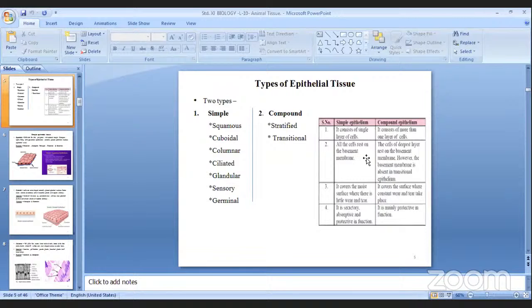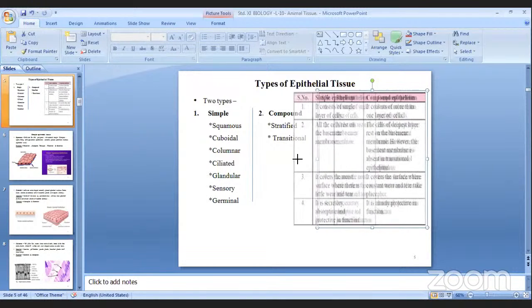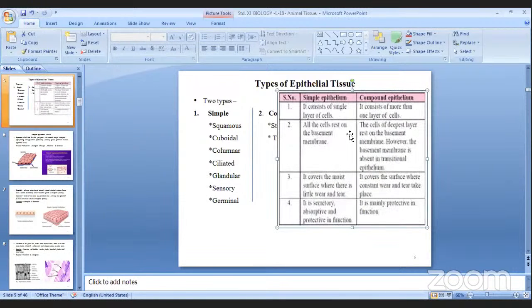Clear? Now here I have given you in a tabular form the difference between simple and compound tissue. I'll just enlarge this a little. I think now you can read it more carefully. Here, the first point is that it consists of a single layer of cells, therefore it is simple epithelium, and when it consists of more than one layer of cells, it is compound epithelium.